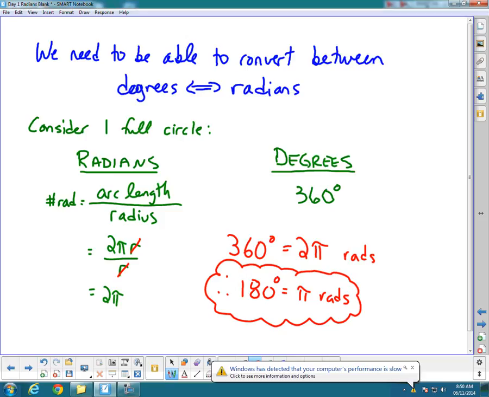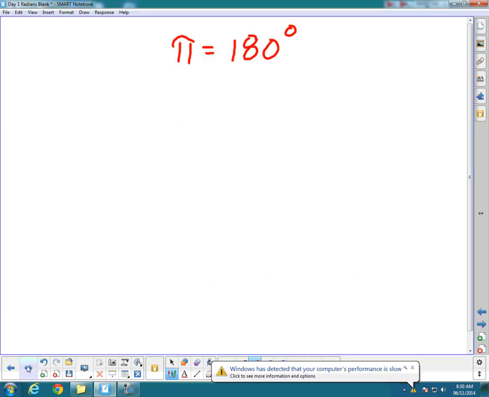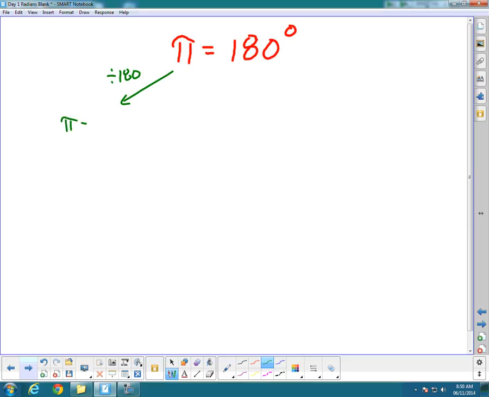Because of this, we can use it to find all sorts of other conversions. We're going to start with the pi equals 180 statement and look at two ways to do conversions. The first thing is this: I'm going to take pi equals 180 and divide both sides by 180.